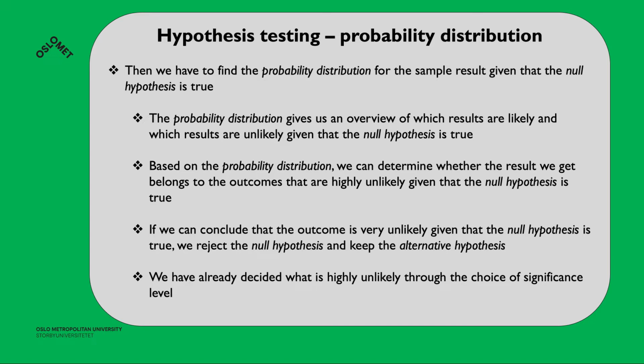If we can conclude that the outcome is very unlikely, given that the null hypothesis is true, we reject the null hypothesis and keep the alternative hypothesis. And we have already decided what is highly unlikely through the choice of significance level.